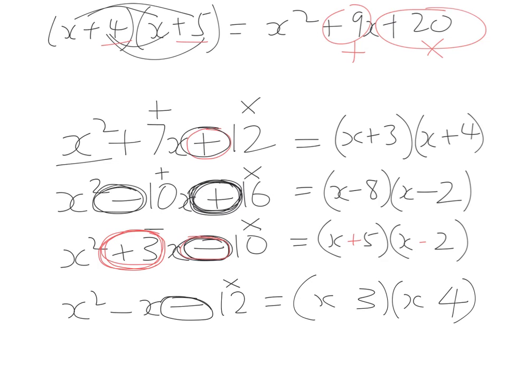Now, because it is negative 12, my signs have to be different. So, if it is minus 3, positive 4, if I add those together, I get positive 1, not negative 1. So I need to change my sign. So I'm going to get positive 3 and negative 4. Or the trick is, if that is minus, the bigger number will be minus. So again, if that's positive, the bigger number will be positive. If that's negative, the bigger number will be negative.